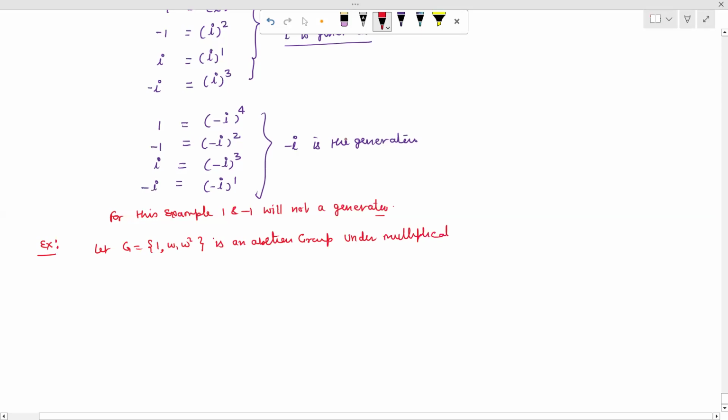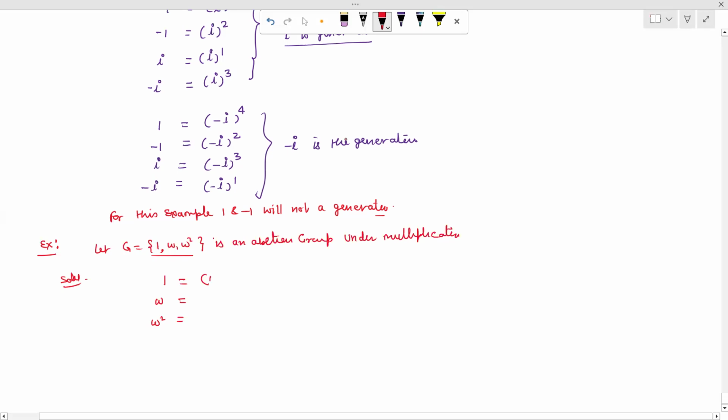So can we write all the generators? When we write 1, omega and omega square, we treat them as x. So these are the elements of group G. Now 1 cannot be a generator for this. 1 also belongs to G, so 1 equal to 1 is possible, but 1 cannot give us omega and omega square. So 1 cannot be a generator.